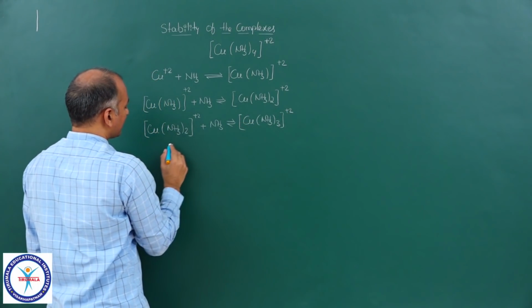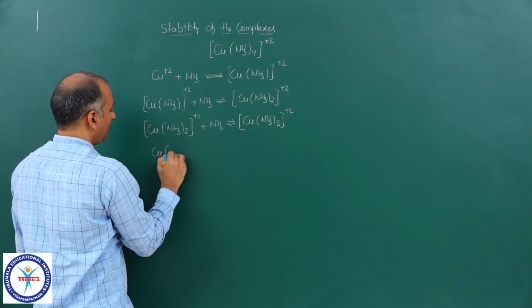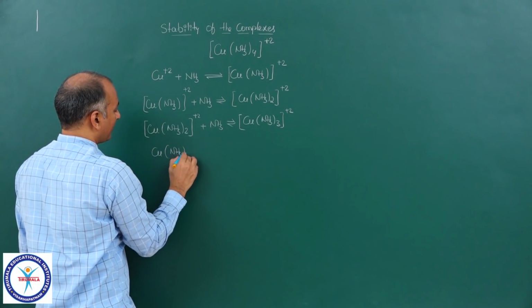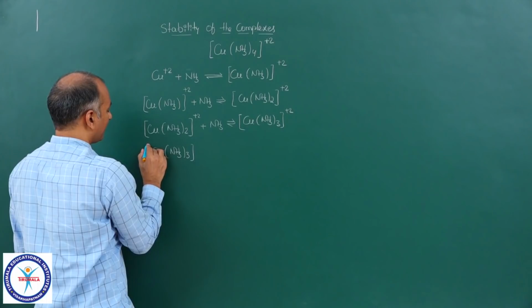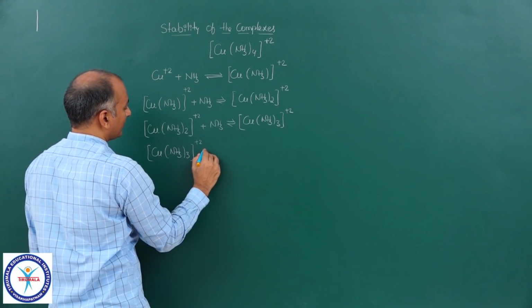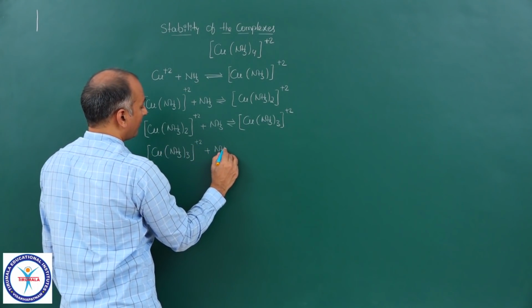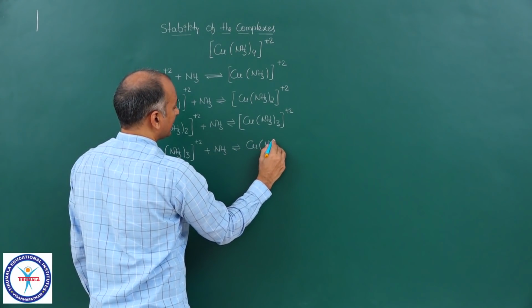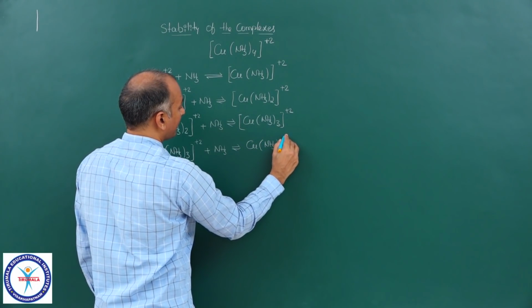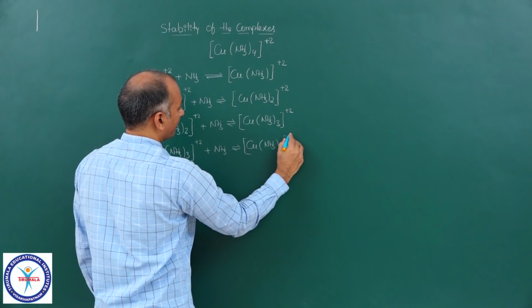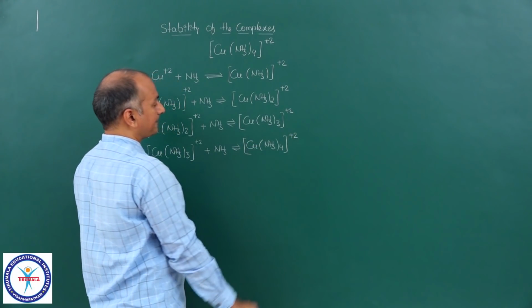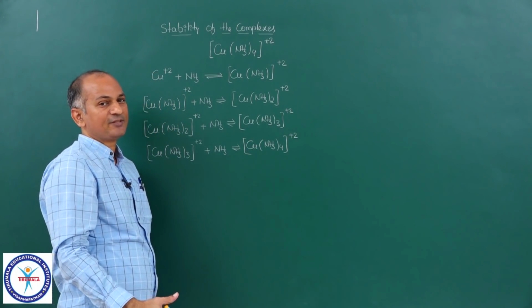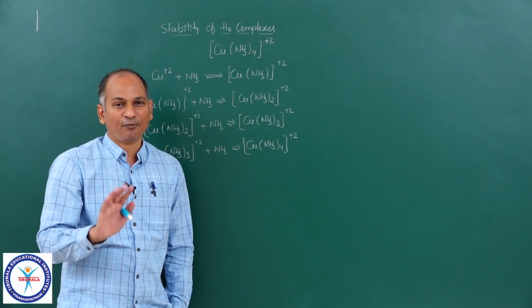And in the last step, the [Cu(NH3)3]2+ combines with another ammonia and you will get [Cu(NH3)4]2+. Stepwise formation in 4 steps.